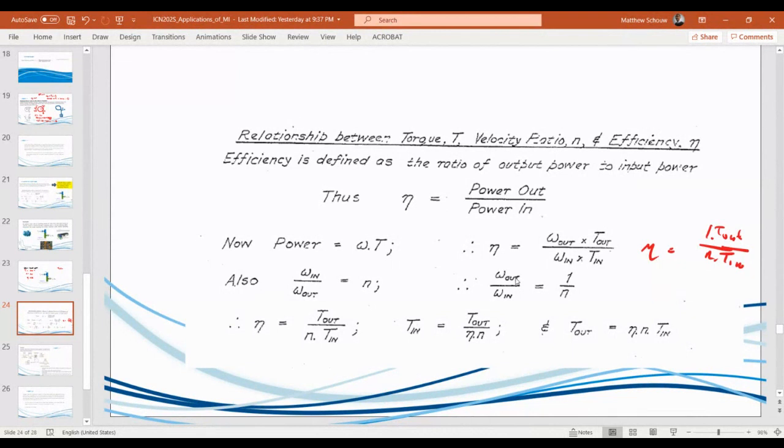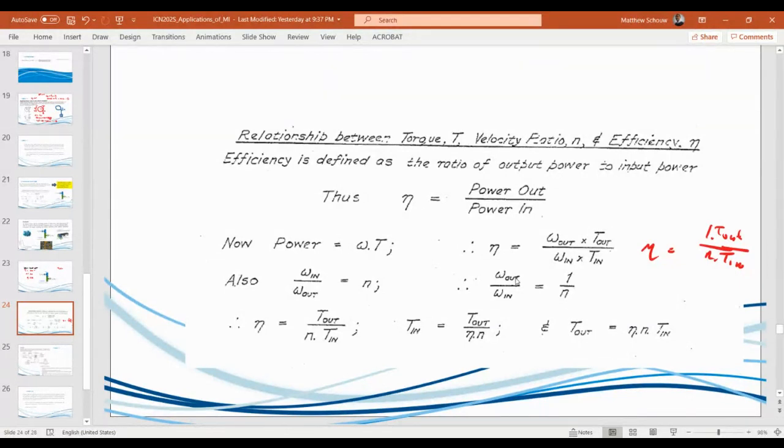That's how the equation looks now. Efficiency equals T out over N times T in. So if you want to find T in, it's going to be T out over N, or T out will be that.